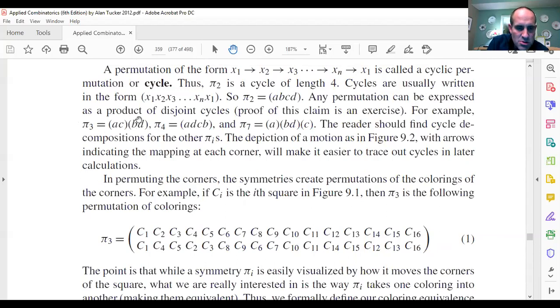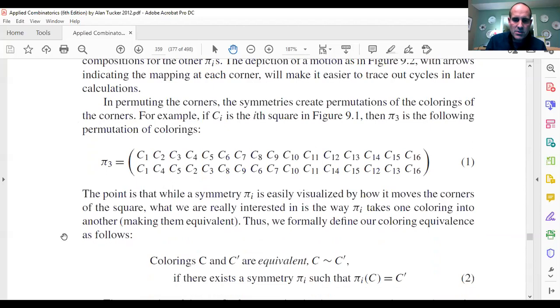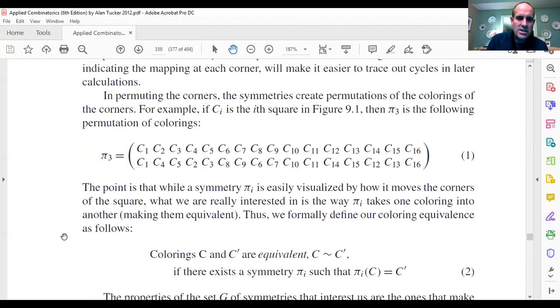But this permutation induces a permutation on the colorings. So I would rather they used a different notation. Okay, so all that to say, we're starting to get to a place where we can talk rigorously about these things, but there are some notational concerns that I have that are going to show up when we go over into the notes that I've given you.